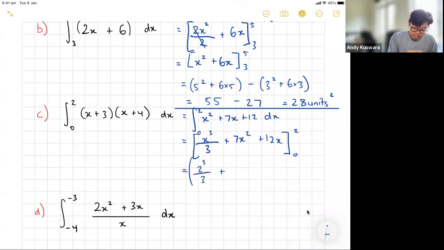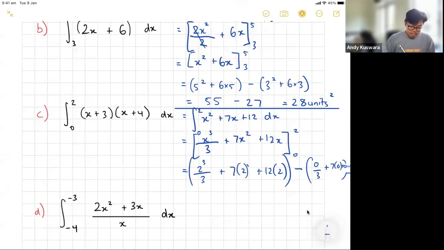Substituting in the 2 first, 7 times 2 squared plus 12 times 2. And now take away what happens when we substitute in 0 for everything. So it's going to be 0 cubed is just 0, 0 on 3 plus 7 times 0 plus 12 times 0, which is 0. Sorry, it's getting a little bit squished. But you'll find that once you calculate it, you'll just be left with, at this point, it's just arithmetic.